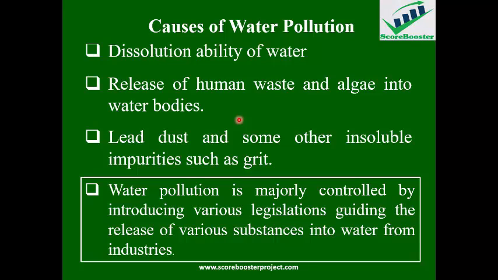So any organism, any industry that does not fall into it will be sanctioned. So that is very important, because if there is no such regulation, then the industries will not be willing to treat their waste, and when that happens, there is going to be danger in the atmosphere.